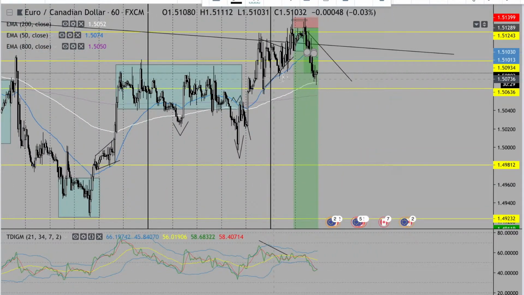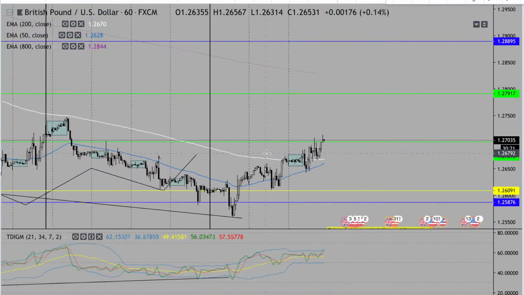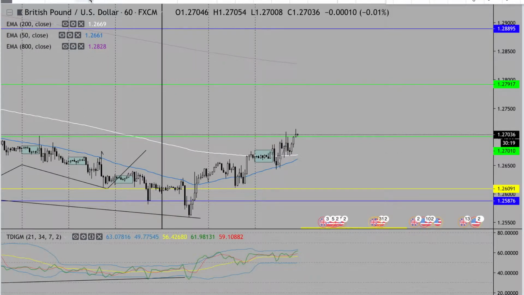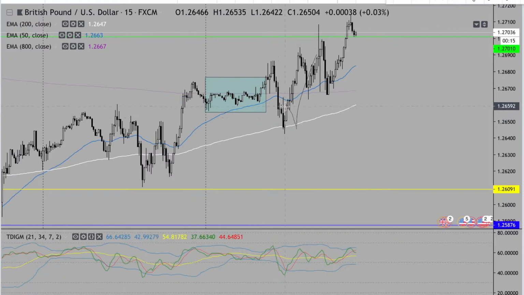And then also the GU that I went over, this actually also went in my favor. So the 15-minute chart, when I was talking about it, it was actually right here, and I was expecting it to throw another leg, but it actually just went straight up, right?